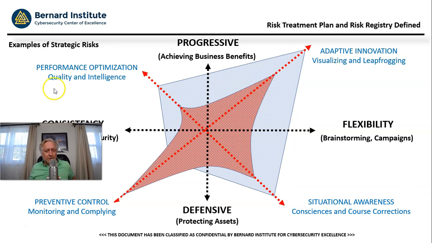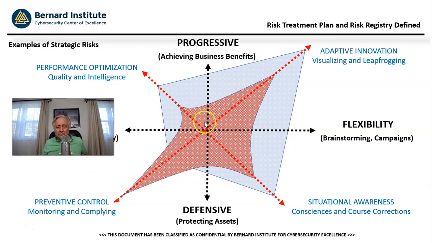And from a performance optimization standpoint, it is good. We need to be at a certain level of maturity within our organization. But at the same time, what's more important here? So in this case, situational awareness is what's going to make us more innovative, and it's going to help our preventative control. So these are the different angles that we look at when we look at strategic risks within the organization.